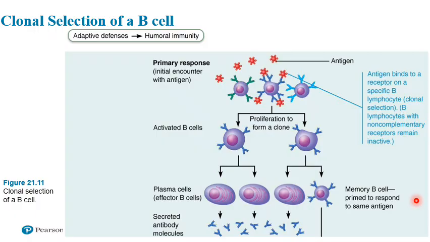Most cloned cells, this is your cloned activated B cell, would become plasma cells. They're going to be cloned, and these plasma cells are the ones that are going to produce the antibodies.